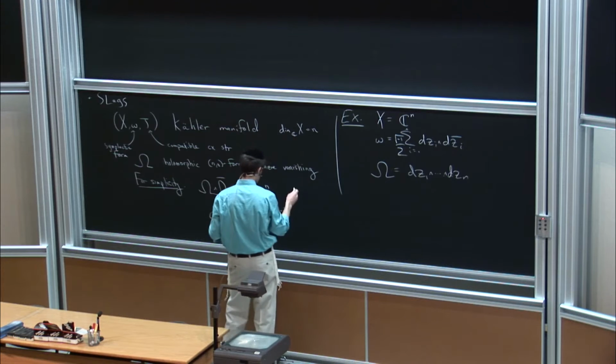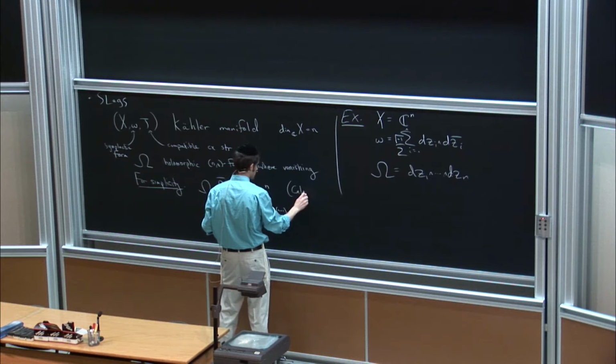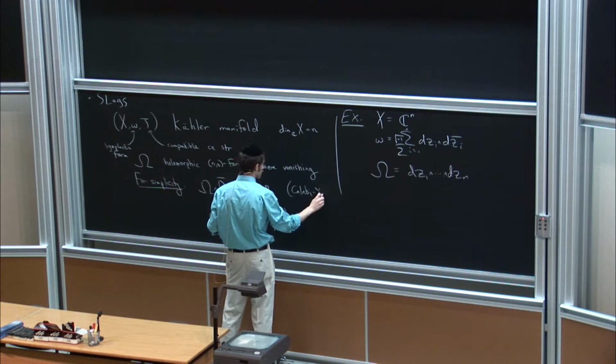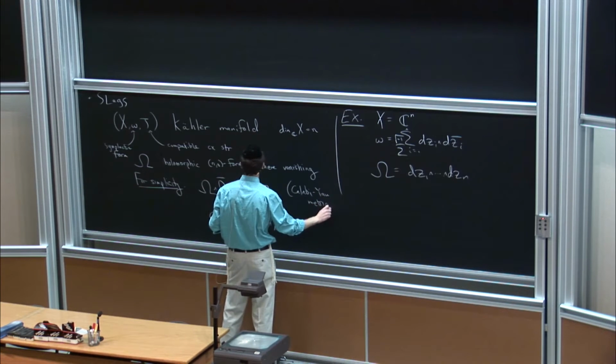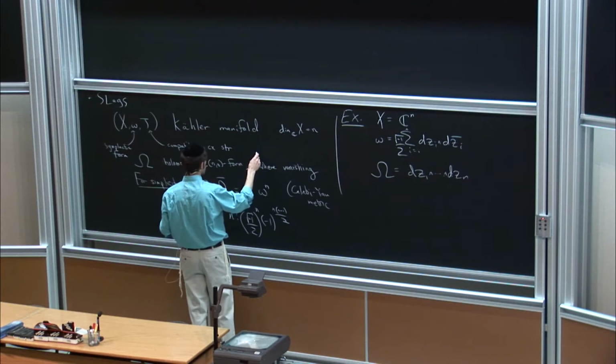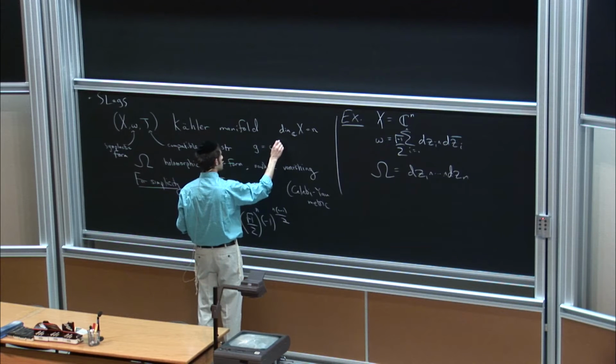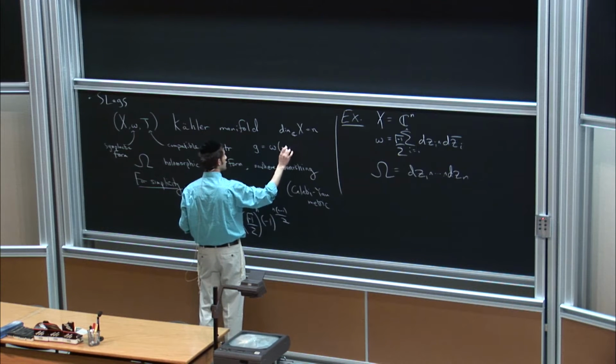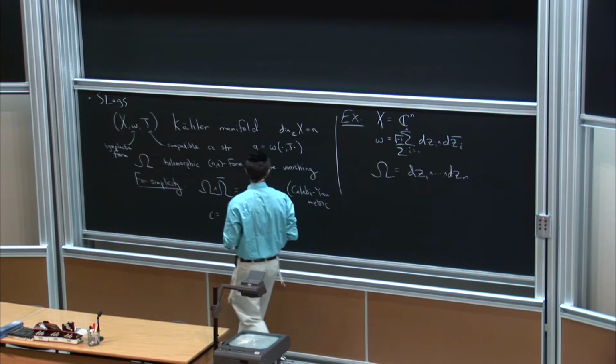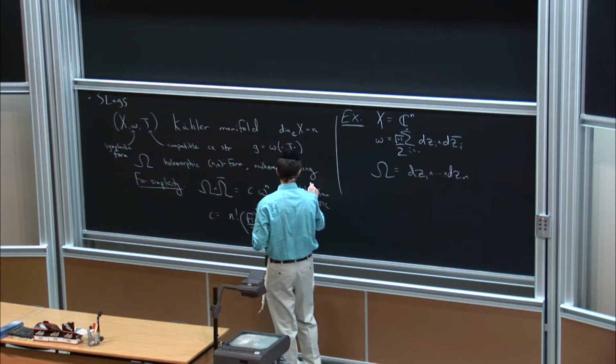This is the Calabi-Yau condition. So what do I mean by the metric? As usual, G is defined by J and omega, so this means that G is a Calabi-Yau metric.